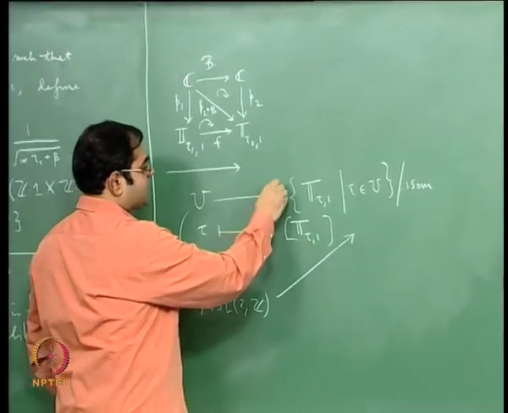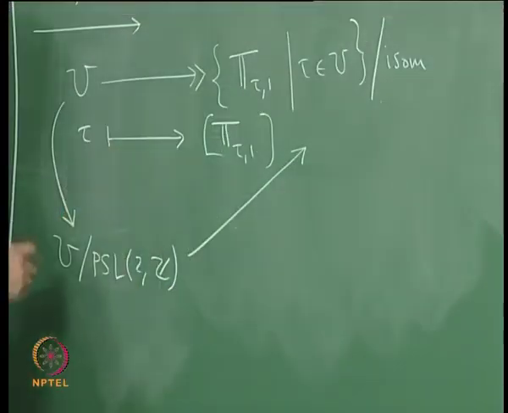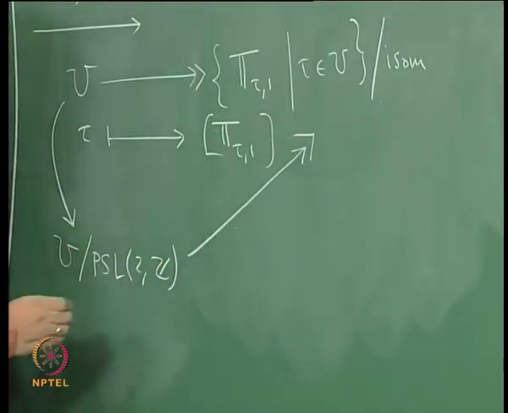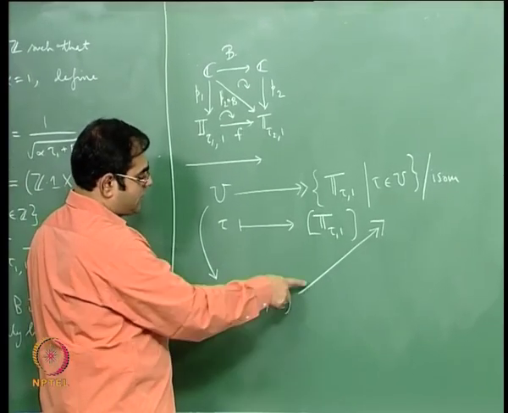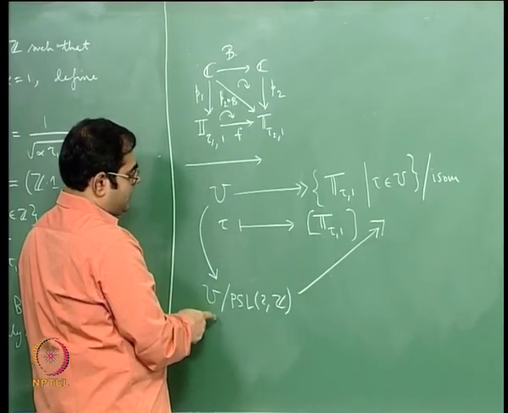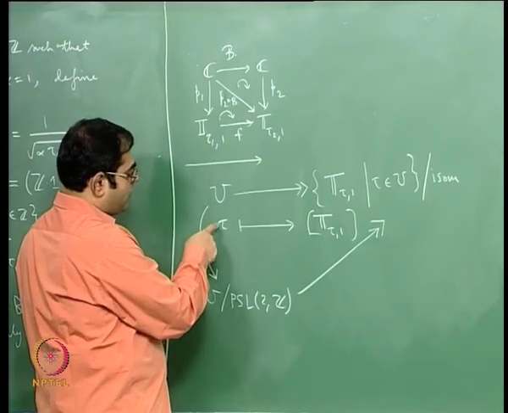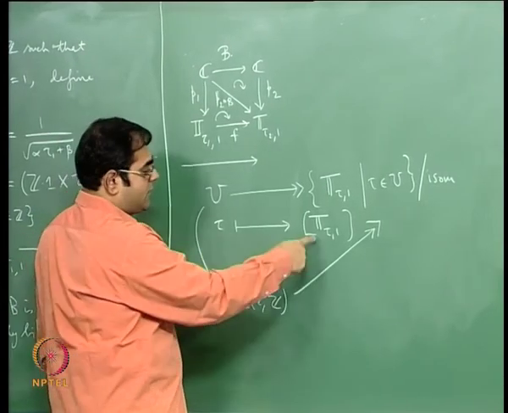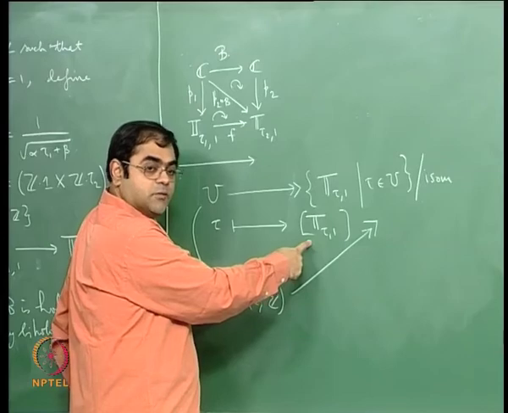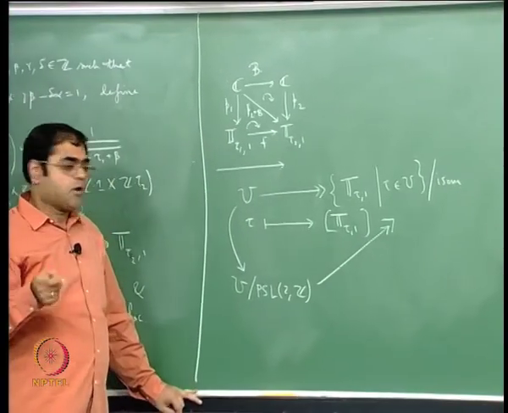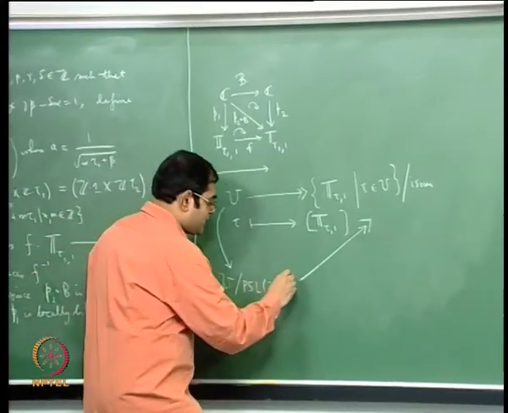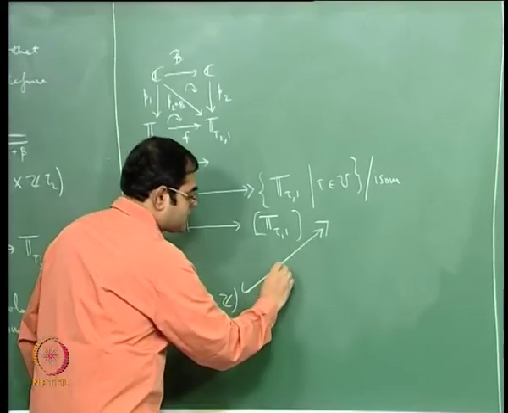Now this map is of course by definition surjective, therefore this is also surjective, and it is also injective for the simple reason that if you have tau 1 and tau 2 which give rise to isomorphic tori, then tau 1 and tau 2 have to be in the same orbit of PSL2Z. So this is injective as well as surjective, so this is a bijection.